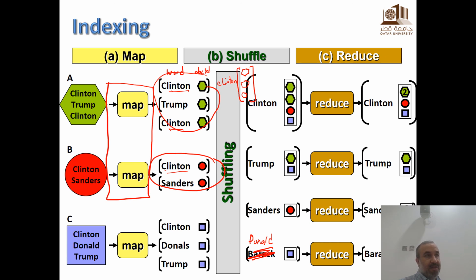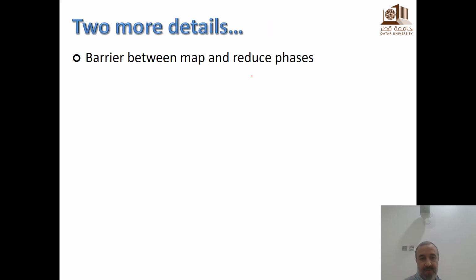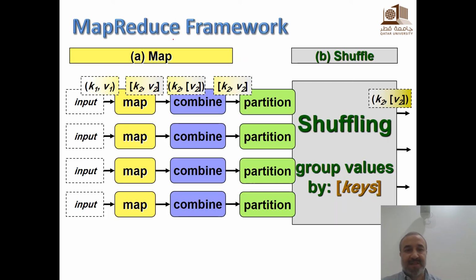Okay, any other questions? So let's get back to here. It takes a key and a list of values and produces a list of key and value pairs, exactly as the output of the map function, I mean in terms of structure. Okay? And then the partitioning, then the shuffling, and then the reduce.